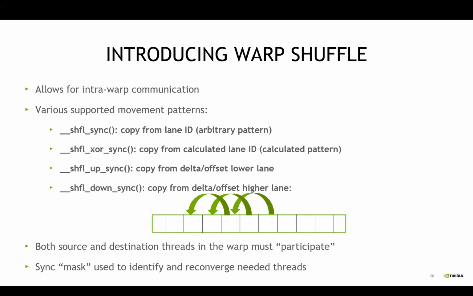If you had that sort of conditional code and that conditional boundary was within a warp, so if thread ID is less than 16, for example, it would select the first half of the first warp, and it would prevent the second half of the first warp from participating, then your shuffle operation can only work if the source and destination threads are within that range of the first 16 threads in the warp, because you've prevented the other threads from participating using conditional code.